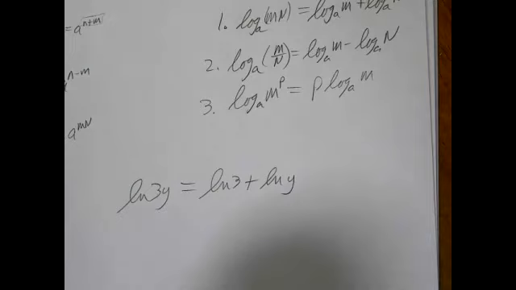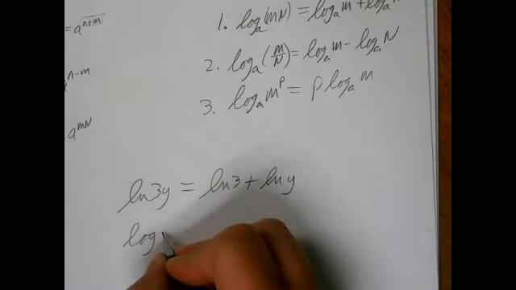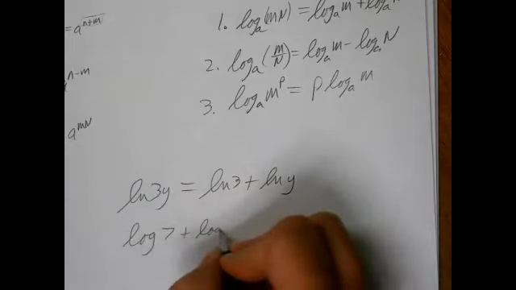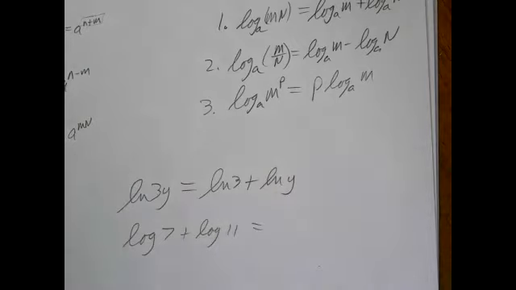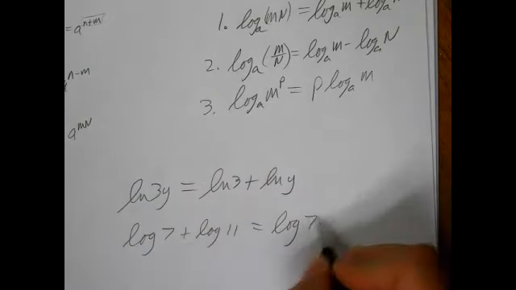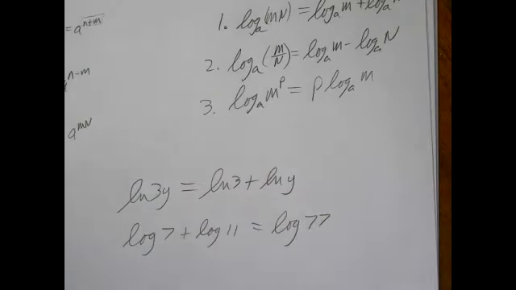On the other hand, if you had log of 7 plus log of 11, you could take this sum, turn it back into a product, and 7 times 11 is 77. All right, again, just depending upon your needs at the moment, products can become sums, or sums can become products.